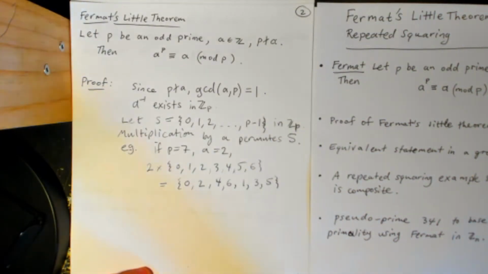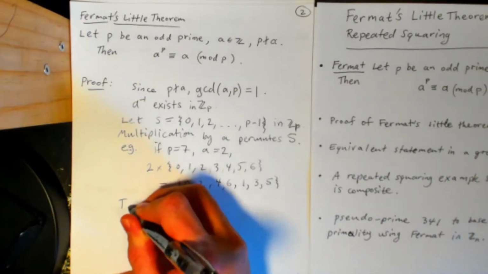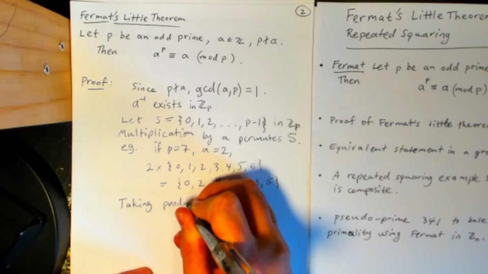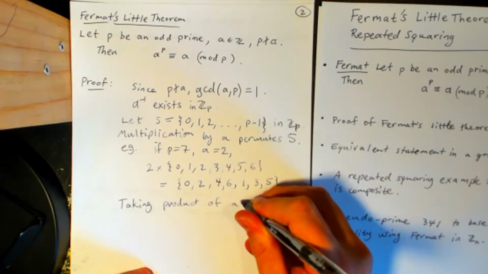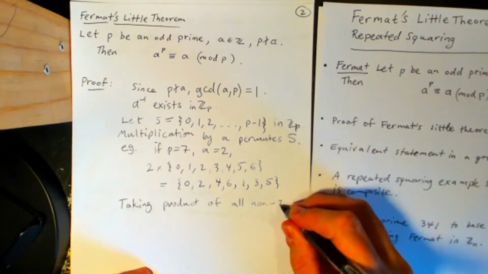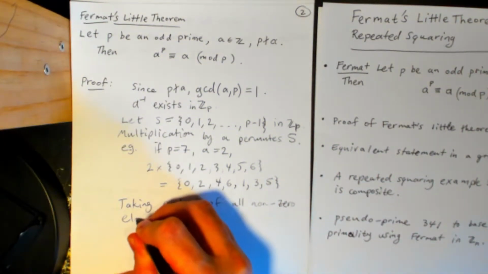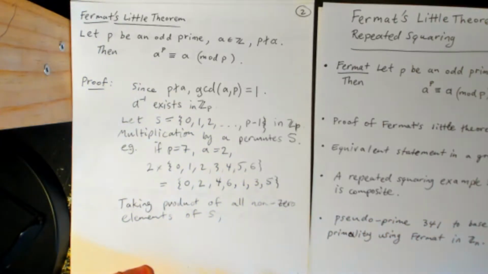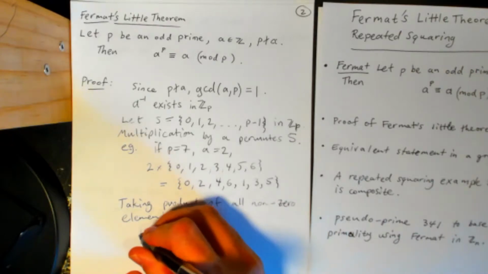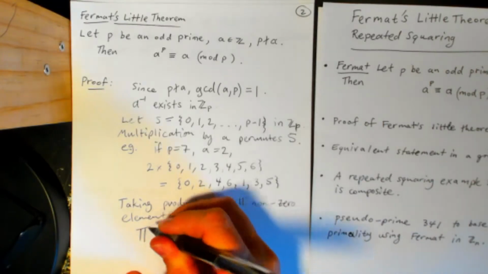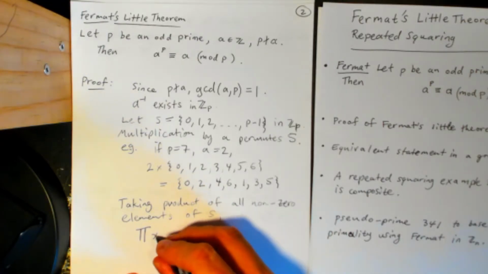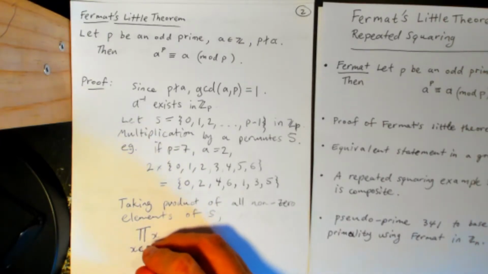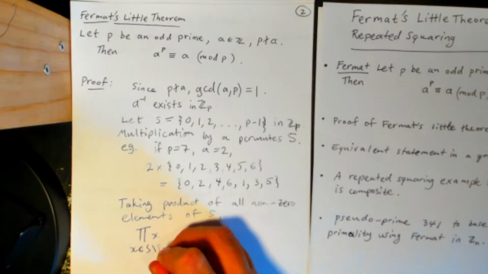Okay, so what we want to do next is take the product. So taking the product of all non-zero elements of S. Okay, so we have the product, and I'll use an uppercase pi to denote that product of all x such that x belongs to S without 0.